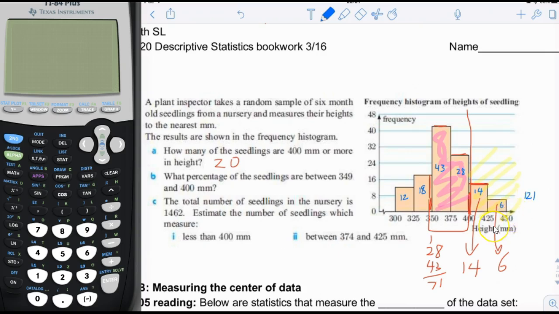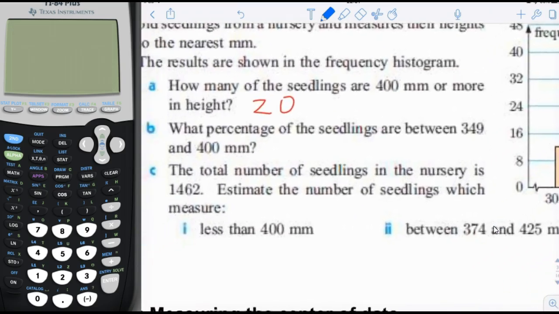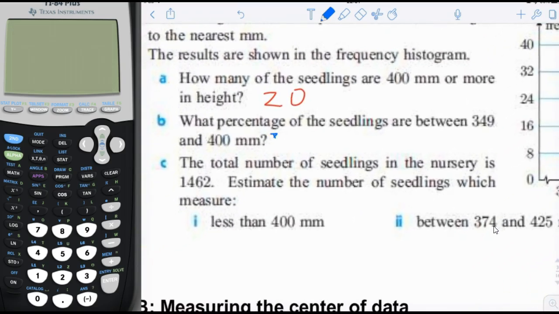So the percentage would be 71 divided by 121. Let's do that with the calculator. 71 divided by 121 to get a percentage. It's 58.7%.